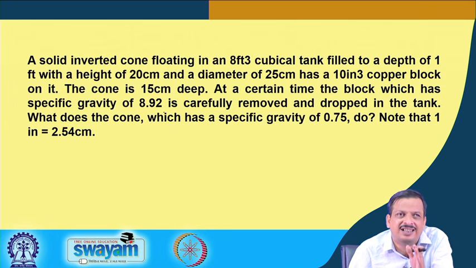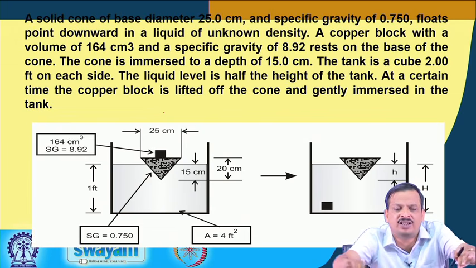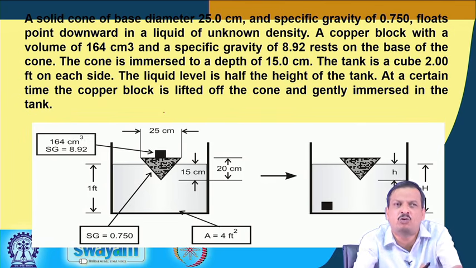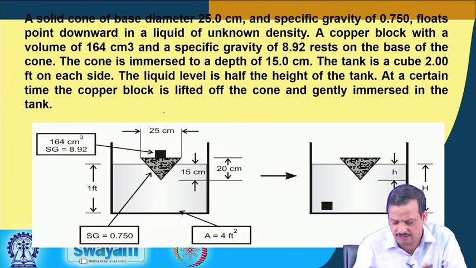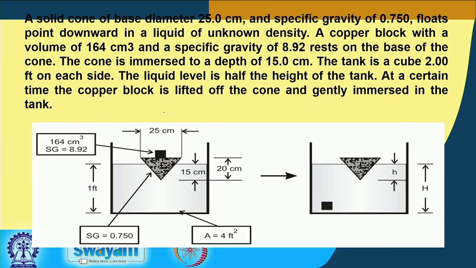So, instead of giving this question, I can write the question like this. I can ask the student to draw the diagram also, or I can give the diagram. After providing this, I can ask the question very specifically. What do I want, what is my intended goal? The intended goal is whether students are able to apply Archimedes principle to calculate the density, volume or water level, all kinds of things.